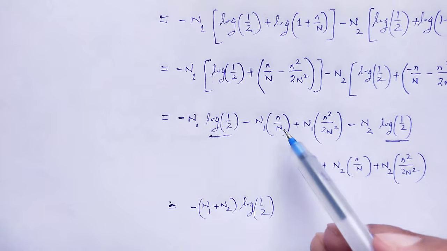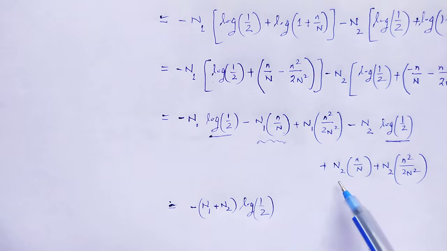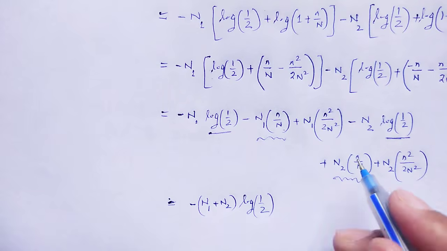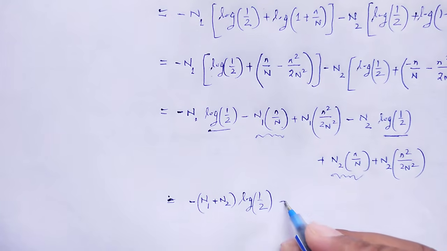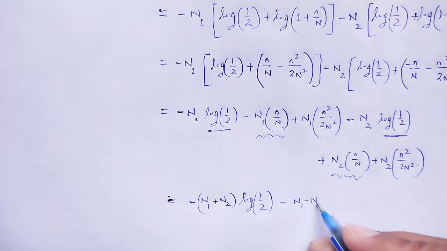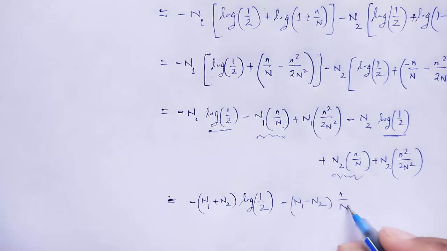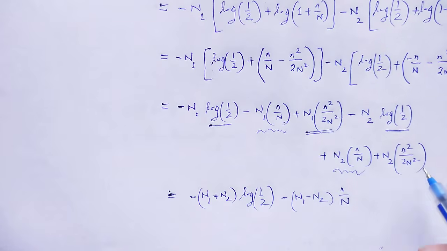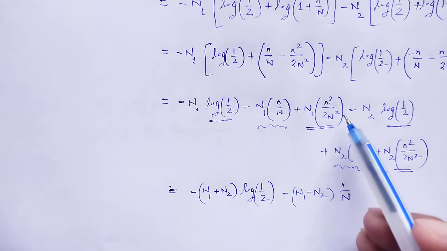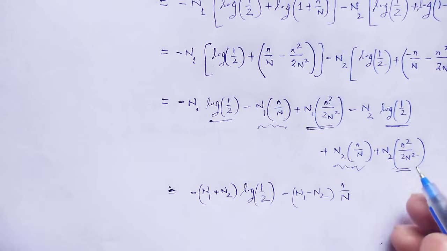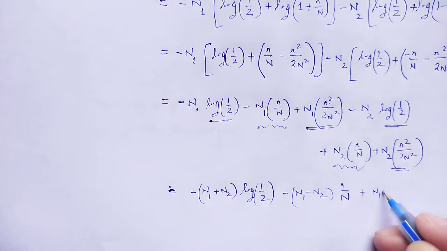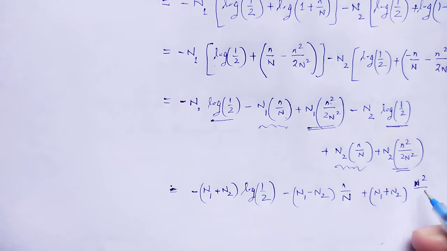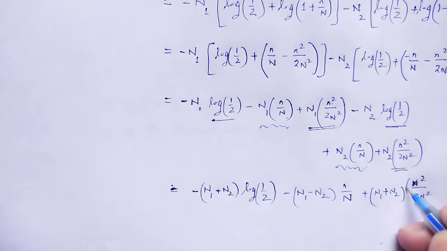Next n by n, there will be n by n. From these two terms we take n by n as common, we obtain minus n1 minus n2 as n by n. Next, that term and this term, n square divided by 2n square as common, plus n1 plus n2 whole into small n square divided by 2n square.